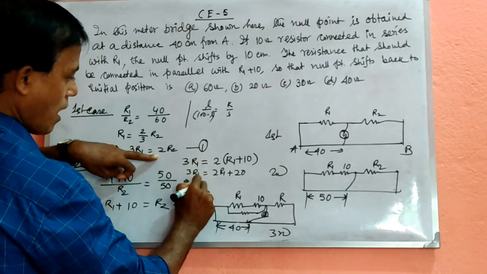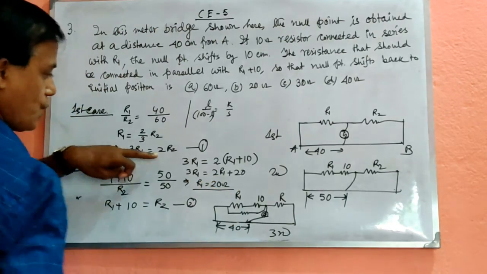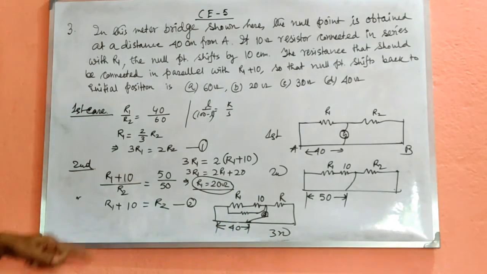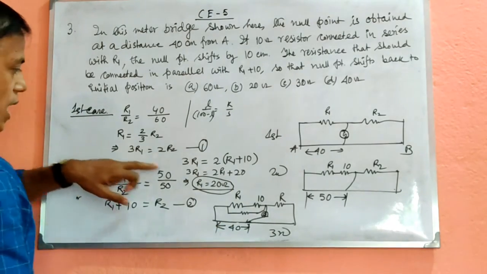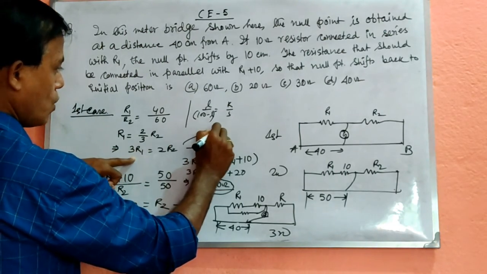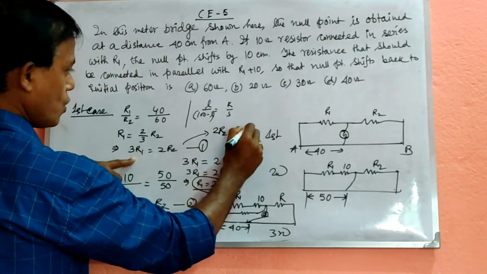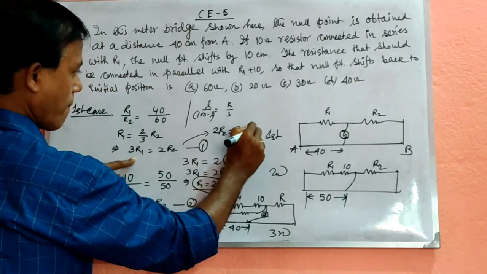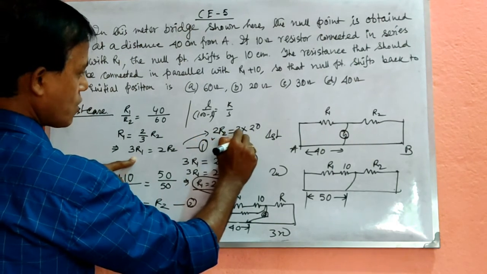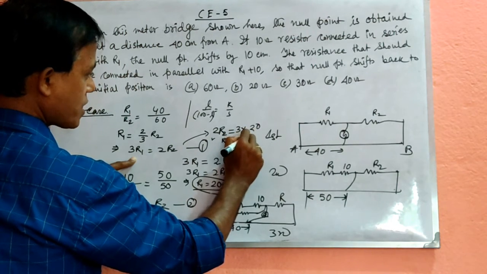Hence R1 is equal to 20 ohms. This is the value of R1, and if we put this 20 ohms, then from here 2R2 is equal to 3 into 20, or R2 is equal to 60 by 2.